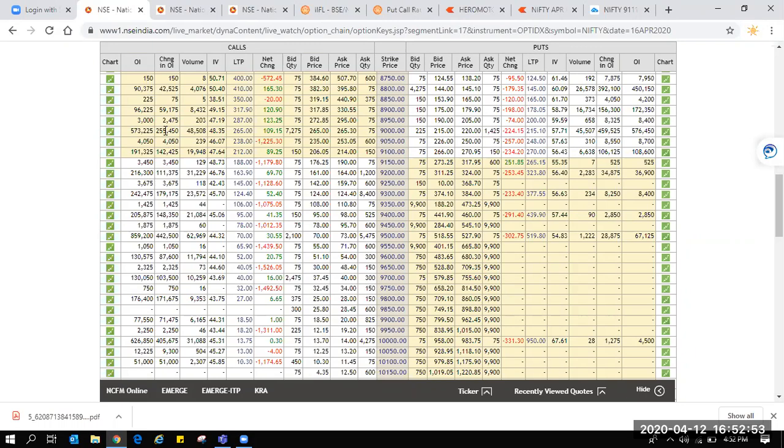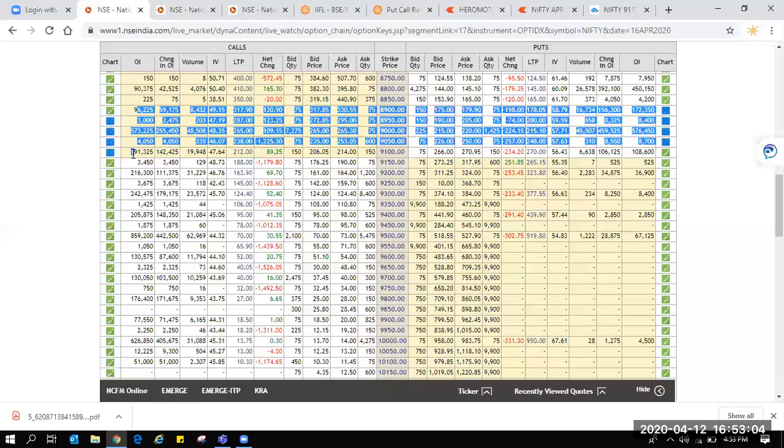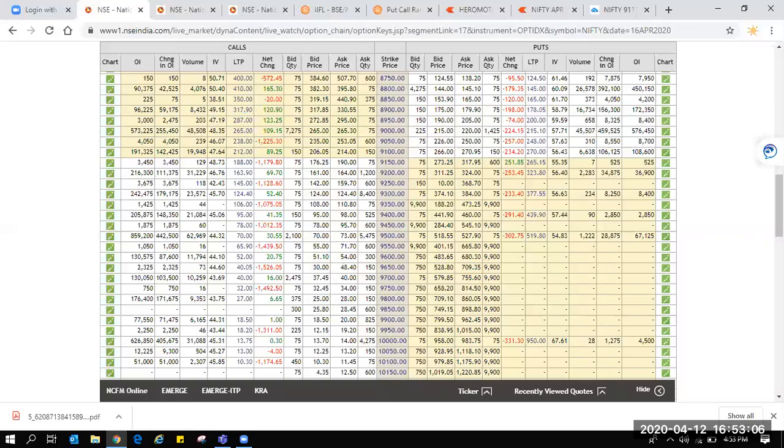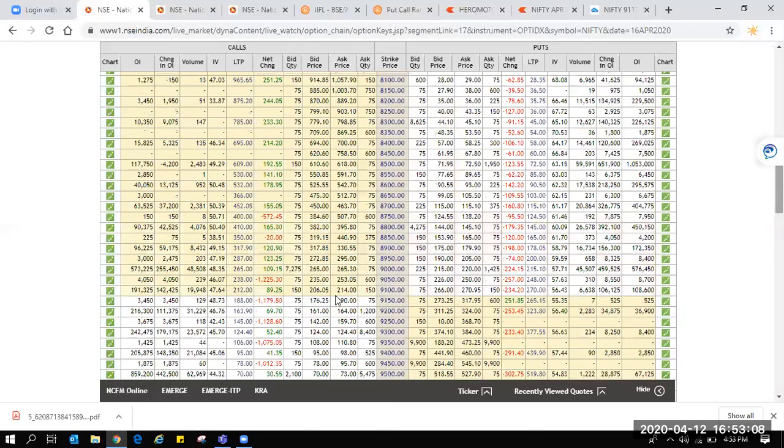Similarly, there are many shorts in the system when Nifty went up. These shorts in calls, the OI for different strikes, say for example those who are expecting, consider 9,200.